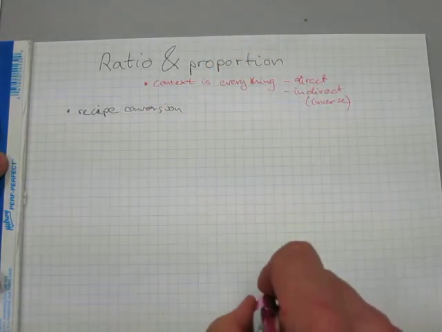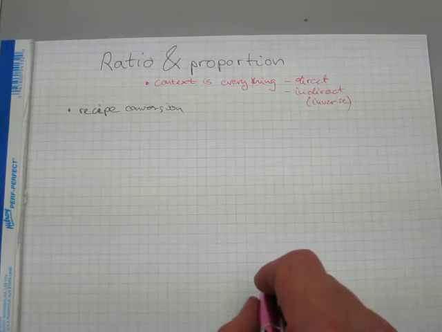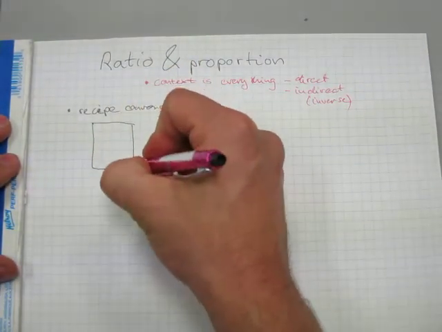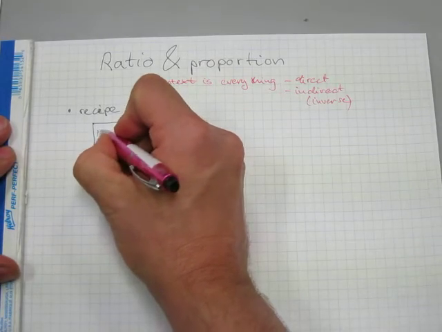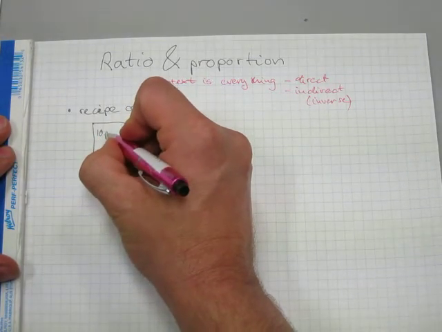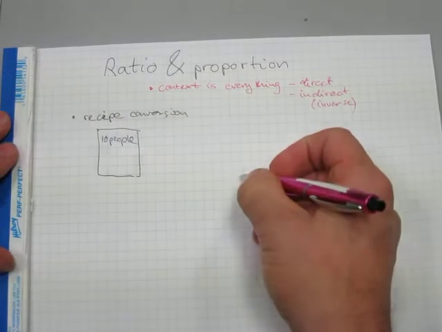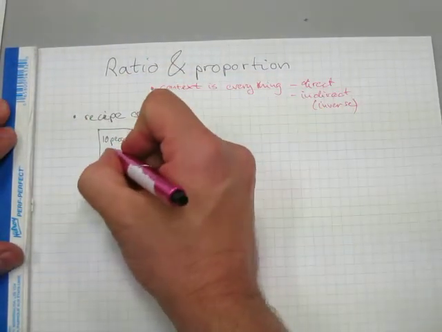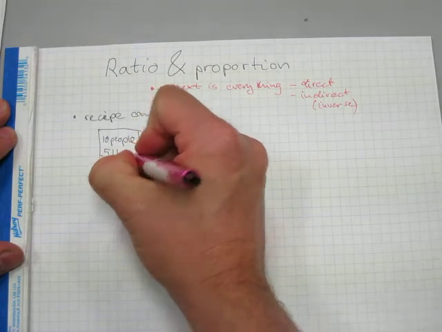And I'm going to use the numbers from the previous one. A recipe says that it serves 10 people, and for this potato salad, you gotta have 5 pounds of potato.